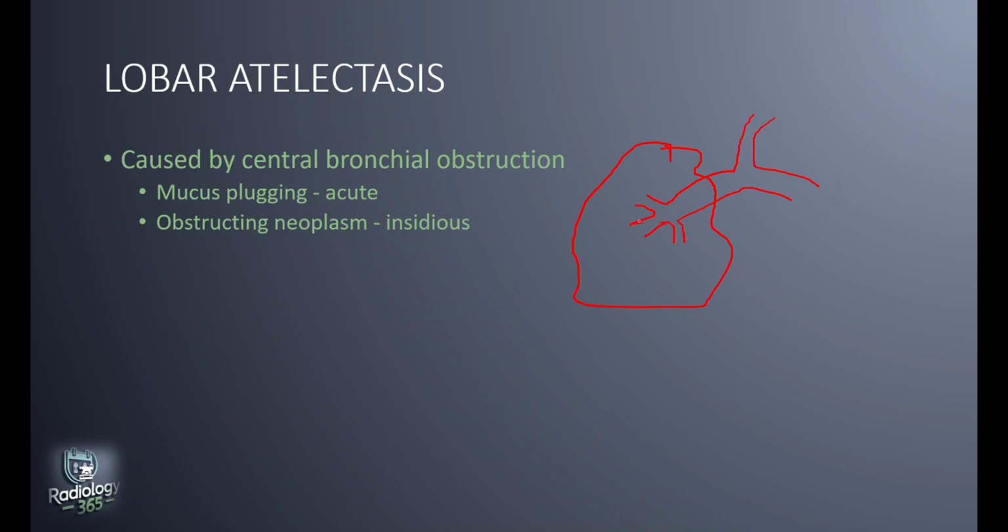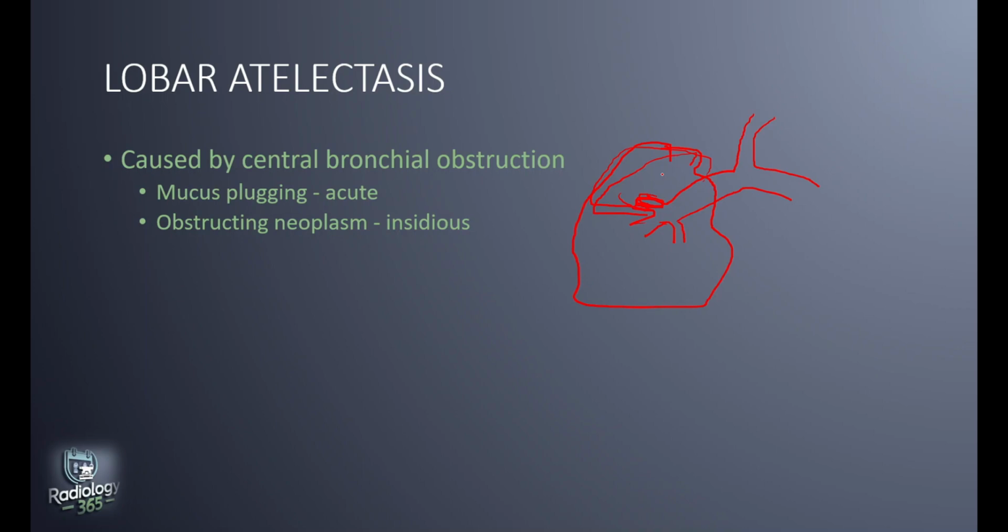In order to have the entire upper lobe collapsing, you must have something obstructing the main bronchus, such that there is no air going to the entire upper lobe, and so you'd have complete upper lobe collapse. This may be secondary to mucus plugging or an obstructing neoplasm.